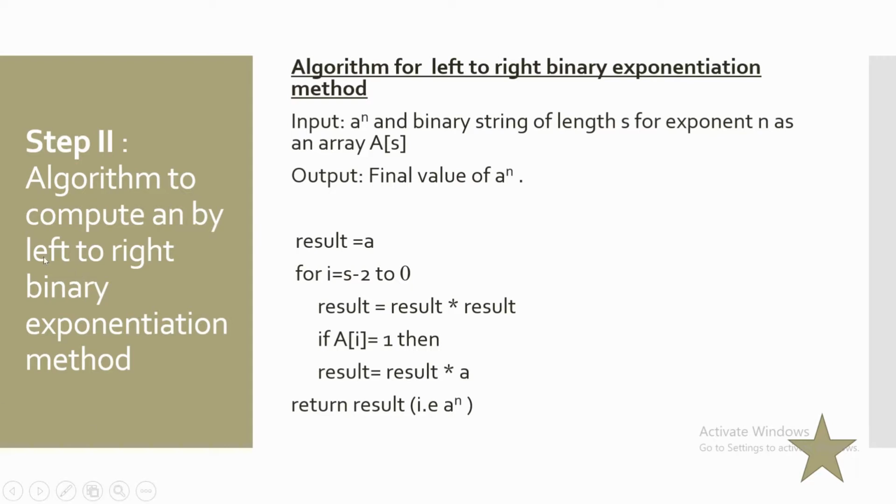So if your binary contains 1 0 1 1, you are moving from left to right, and our positions in the array start from 0, so this is the highest position. So here my loop should go from s minus 2 to 0. You will understand by the help of an example how I am saying this.